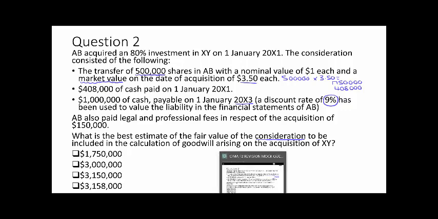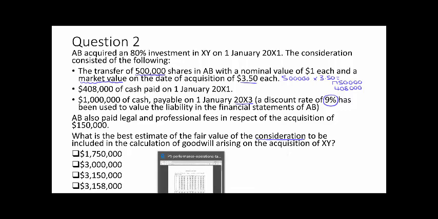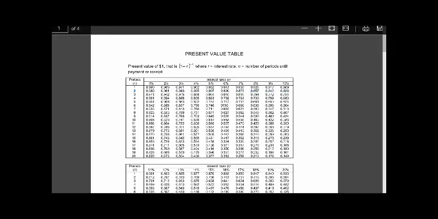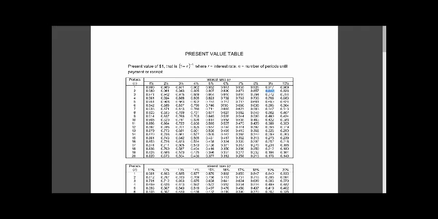In the exam, what you would need to do is go and call up from the various tabs a present value table which will look exactly like this one. So in this case, the payment will be made in 2 years' time, and the discount rate we've been given is 9%. So this factor here of 0.842, this is the discount factor that we want to use.